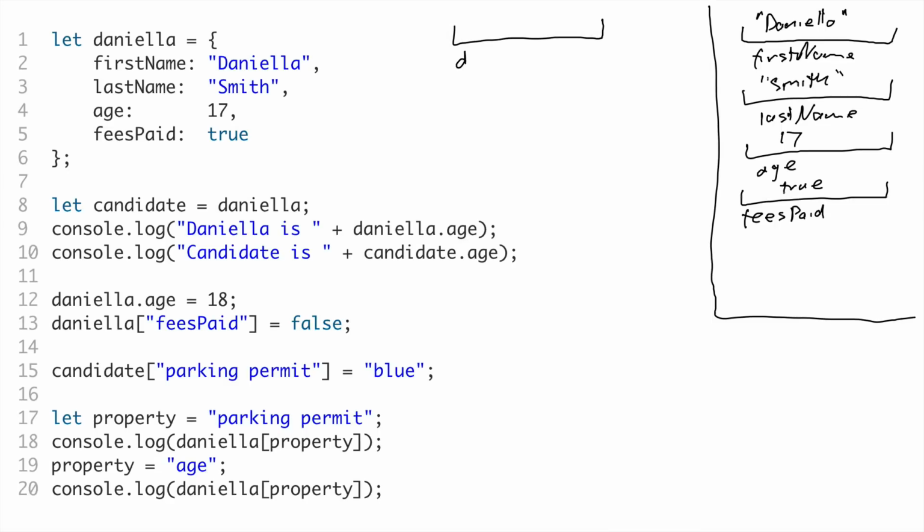We said we're creating a variable called Daniela. What gets assigned to my variable Daniela is what's known as a reference. And a reference is something that just points to an object. So when we assign values for things like strings or numbers, we just get the value itself stored in the variable.